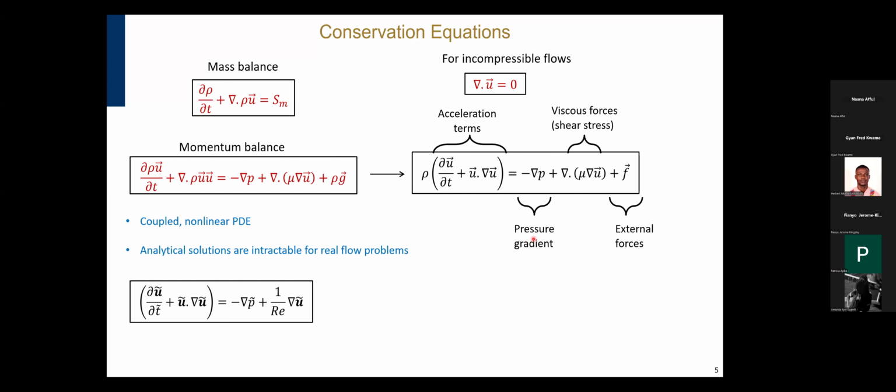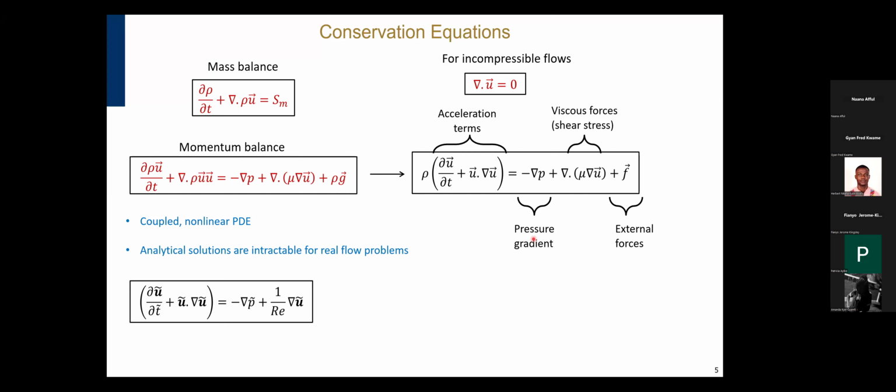It's easy to show that the free parameter, in the absence of body forces, let's say you have a flow through a horizontal pipe, for instance, is the Reynolds number. By non-dimensionalizing with appropriate variables, you are able to see that the Navier-Stokes equation depends on the Reynolds number.